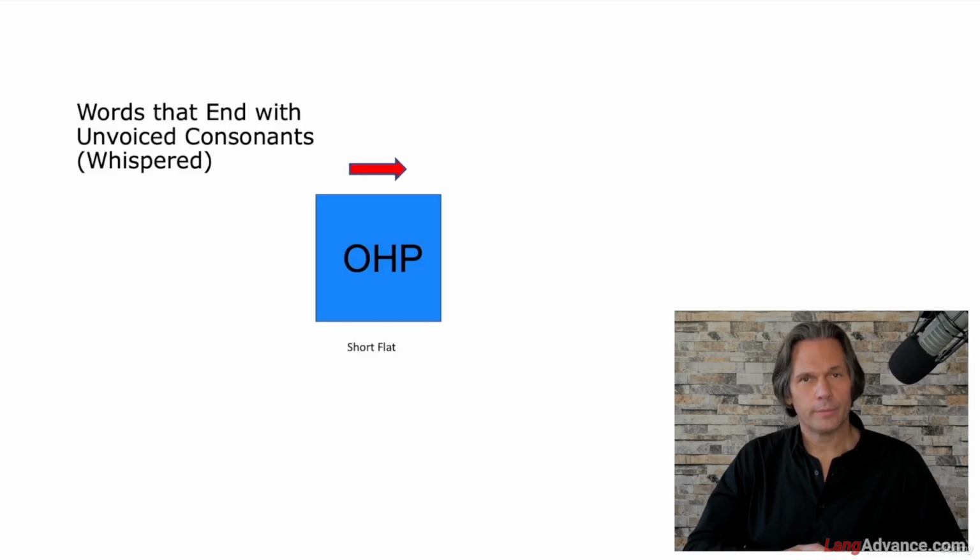Ope. Alp. Oop. As we've done before, and will do more of, we're intentionally just using nonsense sounds in order to focus on the pitch tones, using vowels followed by consonants.